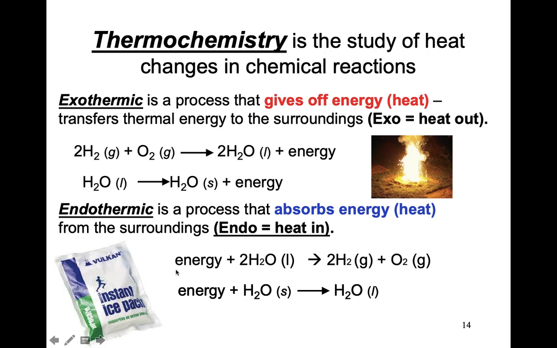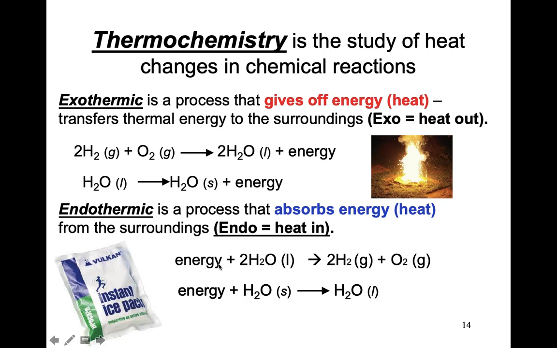And look at where the energy is on this side. The energy is on the left side as compared to up here, where it's on the right side. These are the reactants, these are the products. So look where it is in the reaction. The formulas are exactly the same, well, backwards, but look where the energy is. The energy is on the other side.